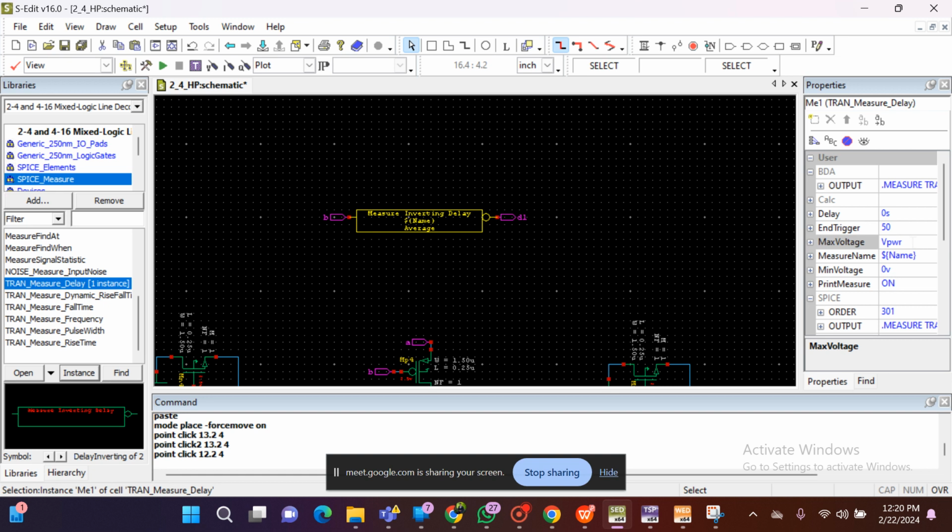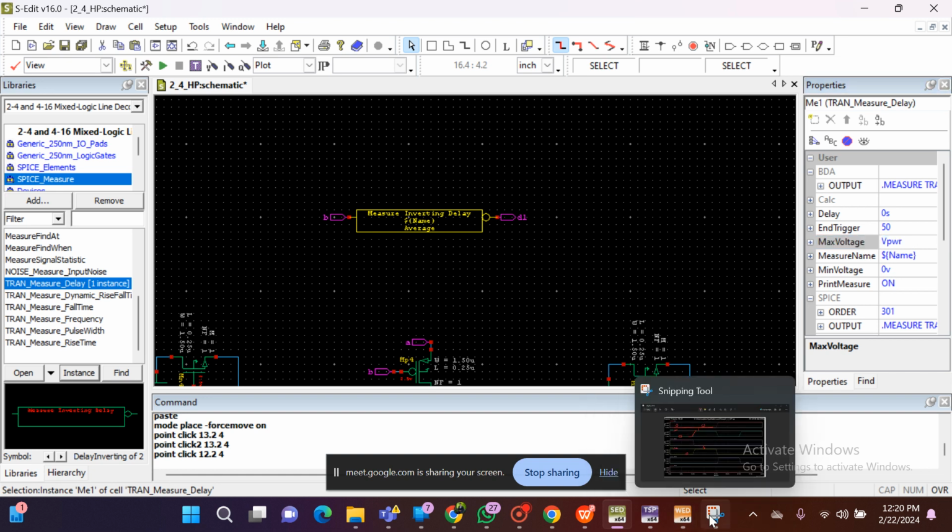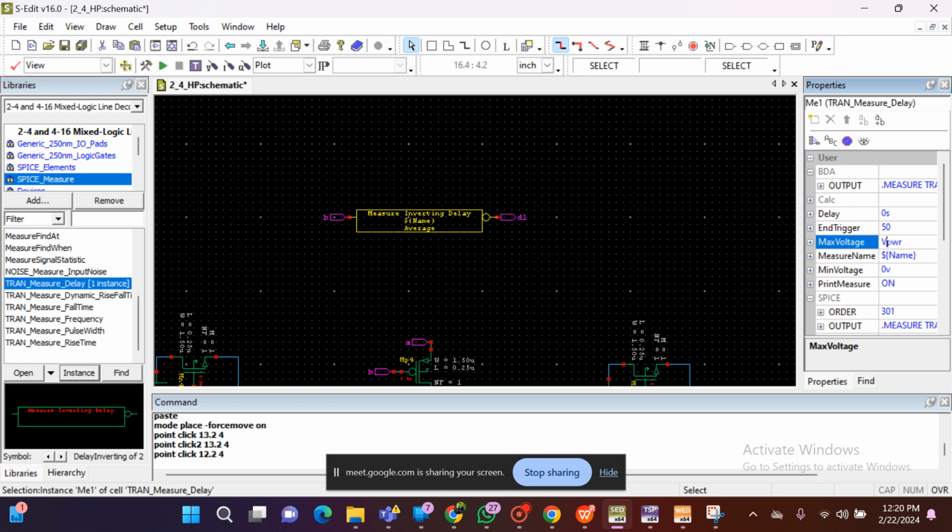Here there is a max voltage VPR, so you can do. If you are not getting, I will let you know. Here at the right side VPR is there. You just need to delete it, give here 5. That's it.